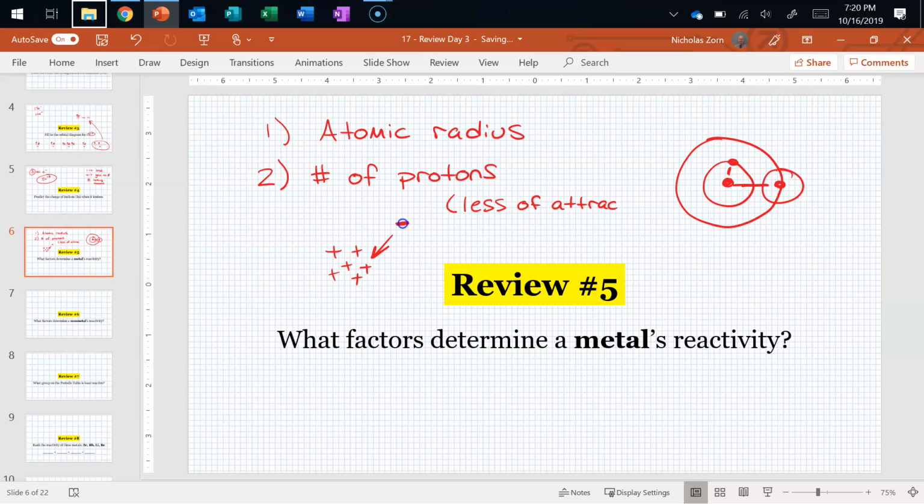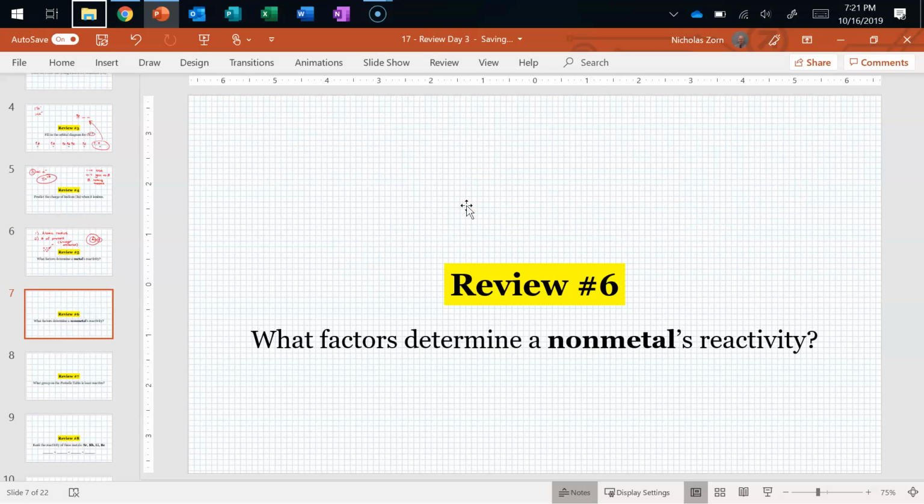Oh, I'm sorry. That was backwards. When there are more protons, there is a stronger attraction. Stronger attraction. And when there's a stronger attraction, those electrons are less likely to react.